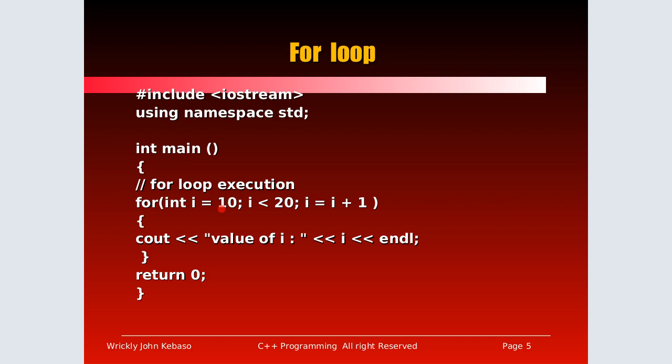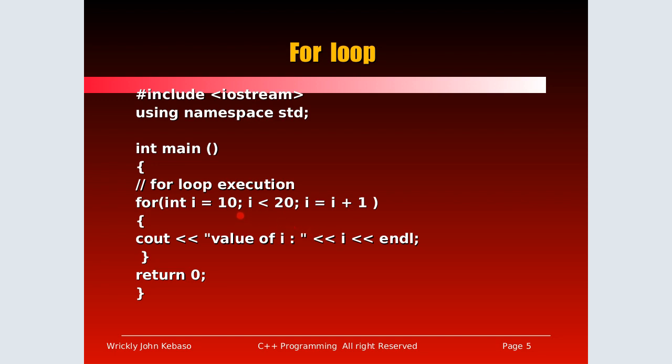And remember the variable I has a value. Like now, in this case, it's going to display 10, which is our first statement. Check if 10 is less than 20, and if it finds it less than 20, it increases it by 1, and again it comes back and displays 11.